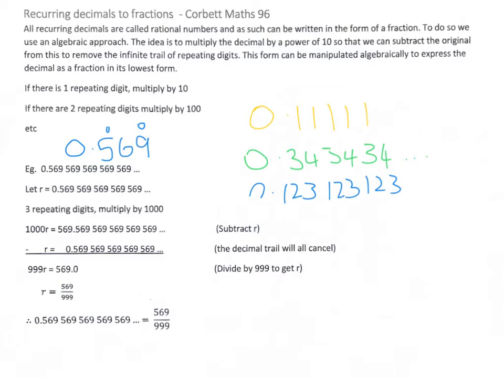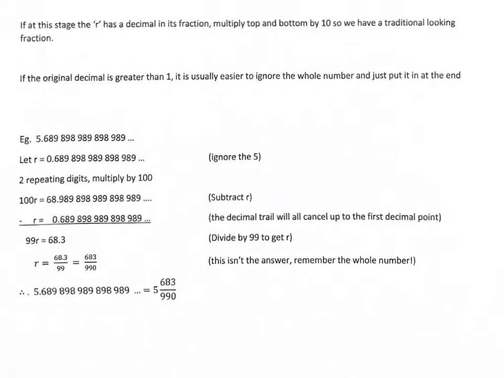So the general way we do this is you call whatever the decimal is R, like we did here. You then multiply by either 10 or 100 or 1,000, depending on the number of repeating digits. You subtract the original from that form and then divide through to get what 1R is. A couple of other points then.